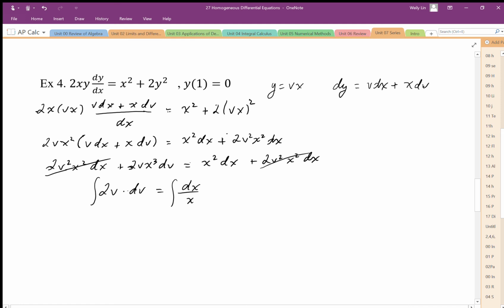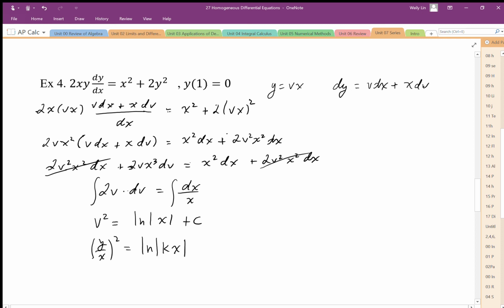Separate, integrate, end up with v squared is equal to log x plus c. I'm going to substitute back here, so y over x squared is equal to log of kx.